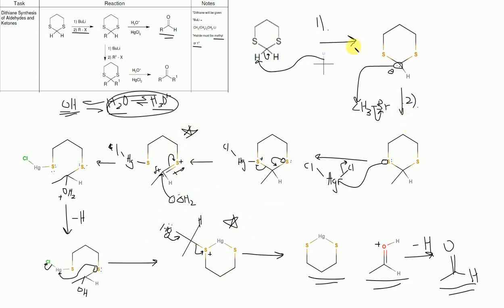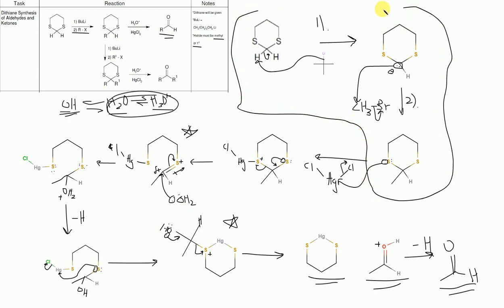And of course, steps 1 and 2 are absolutely non-negotiable. The formation of these things is non-negotiable. You have to know how this works, the function of butyllithium, and the function of RX, obviously. Okay, so this is the mechanism. And if you want to get the ketone, so I formed the aldehyde, ketone is just that the only difference is I repeat these first 2 steps, I do it twice.